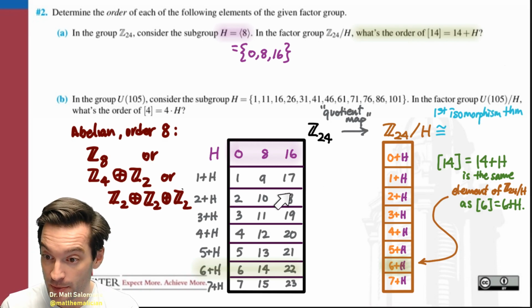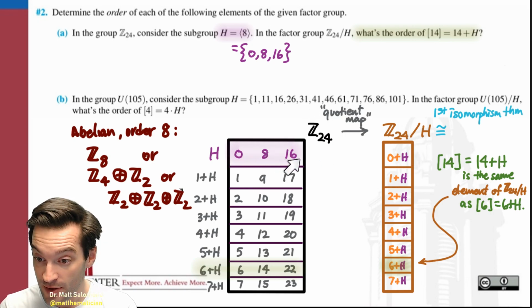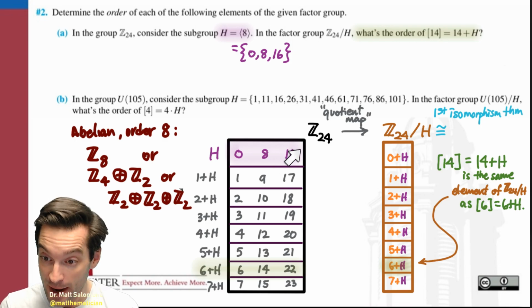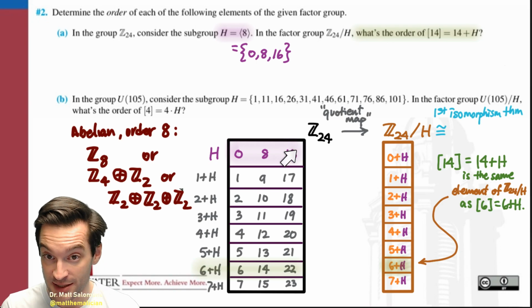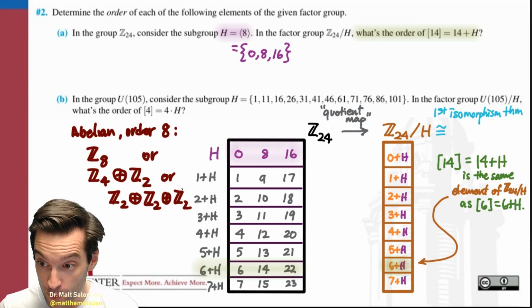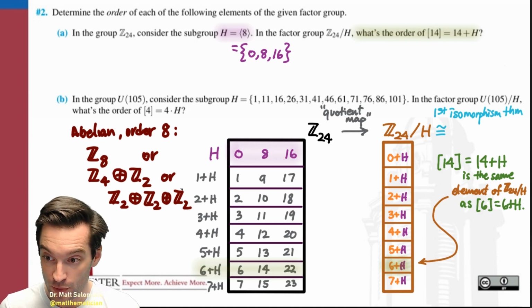The first isomorphism theorem says that a factor group is always going to be isomorphic to the image of any homomorphism out of Z24 that uses this subgroup as its kernel. So any homomorphism out of Z24 that has a kernel equal to {0, 8, 16}, that homomorphism's image will be isomorphic to the factor group by that normal subgroup.